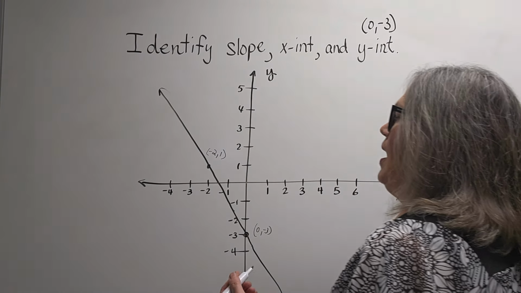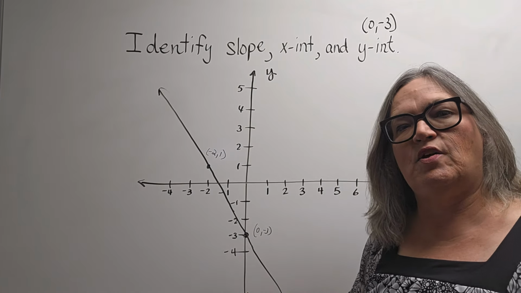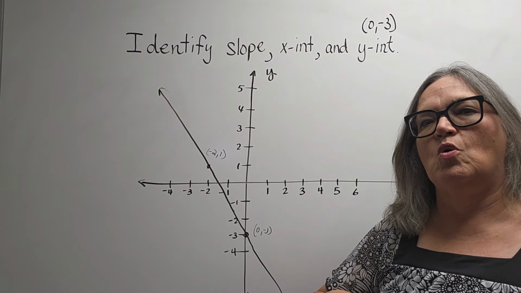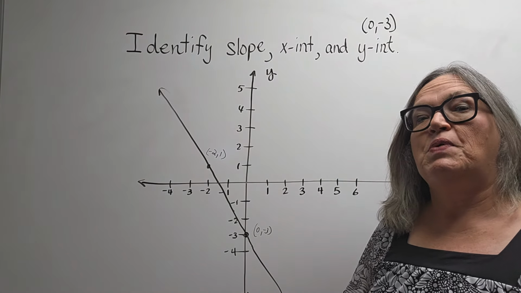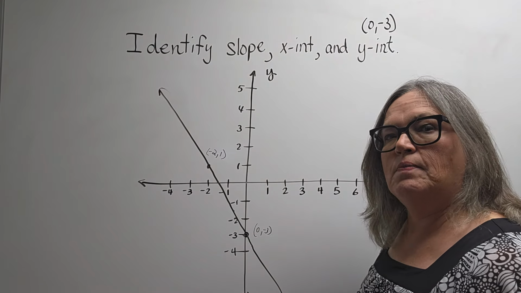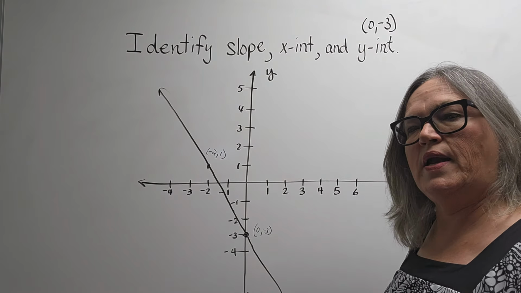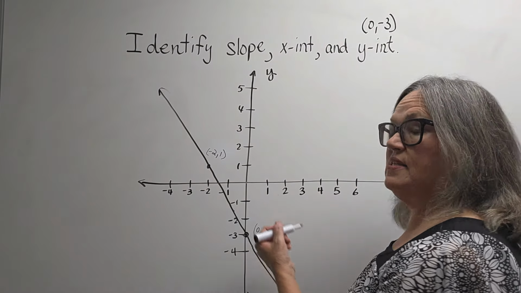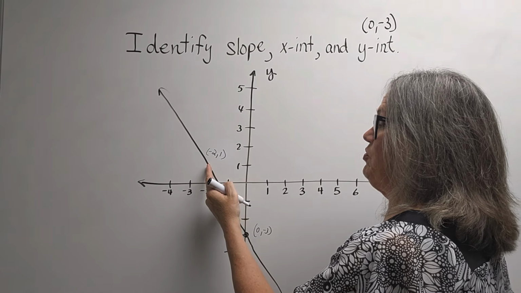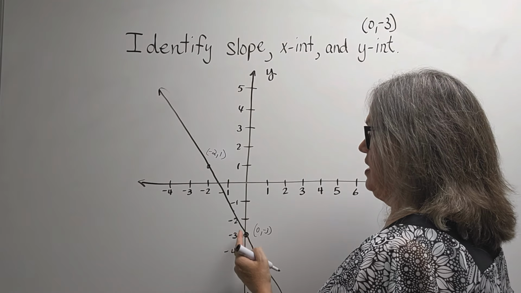Now, one way of looking at a graph and readily identifying the slope is that you can use the formula, but you can also just look at the graph and calculate the rise over the run. The rise in this case is a fall, because if we go from left to right, we're moving from this point to this point.